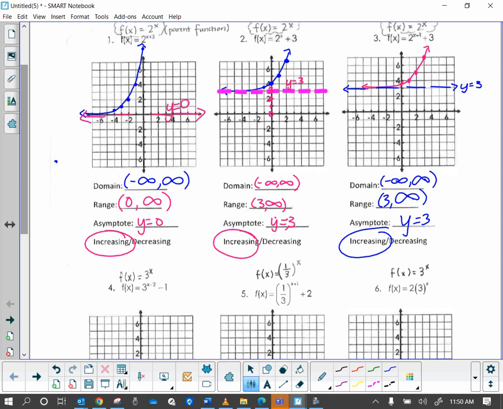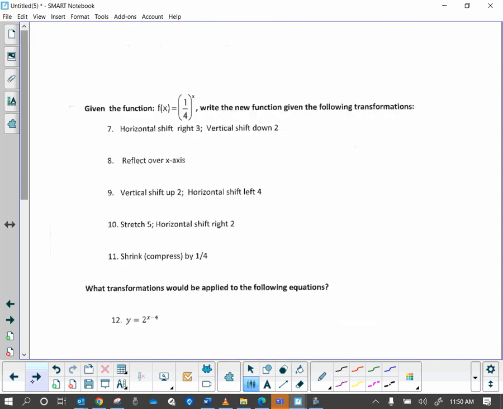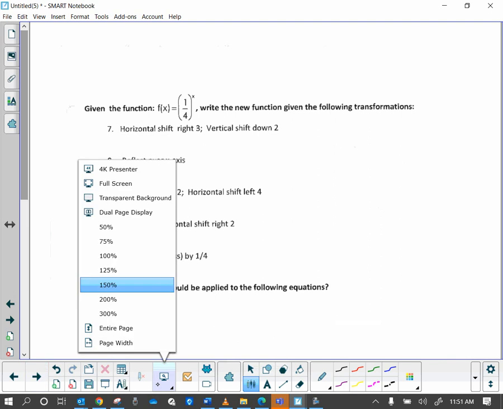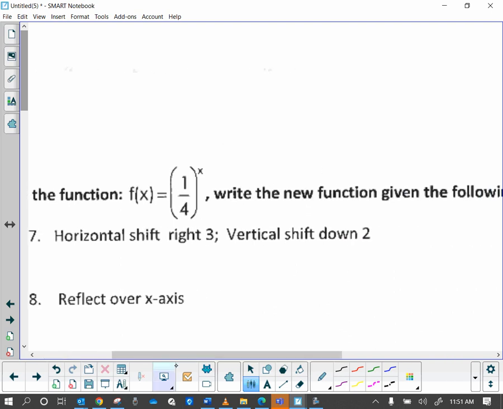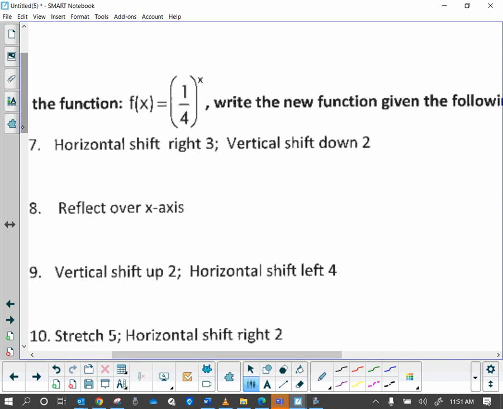Okay, so if you flip over to the back, this was kind of like what you had for homework the other night. Given the function f of x equals 1/4 to the x, that's your parent function. That's what you're basing everything off of. What would the equations look like if you applied these transformations?